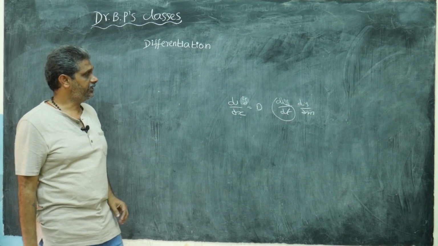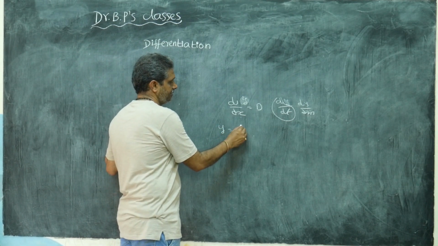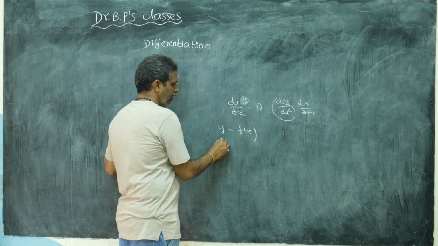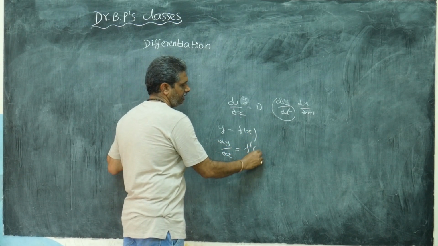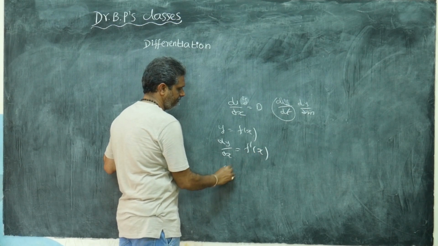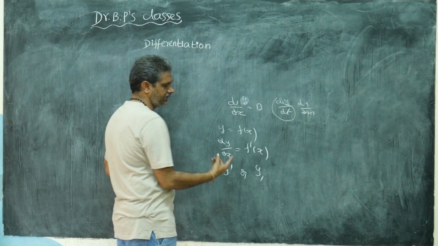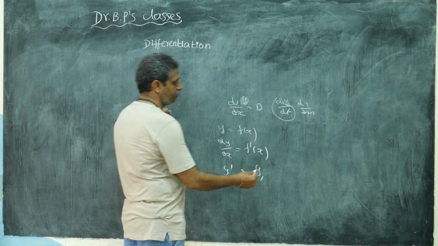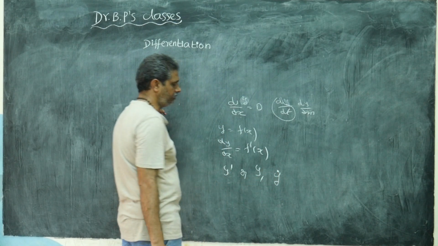Normally they will write y is equal to f of x. Then they will write dy by dx, which is equal to f dash x. Some people write y dash, or y prime, some people write y1. Some mechanical engineers use y dot as notation.